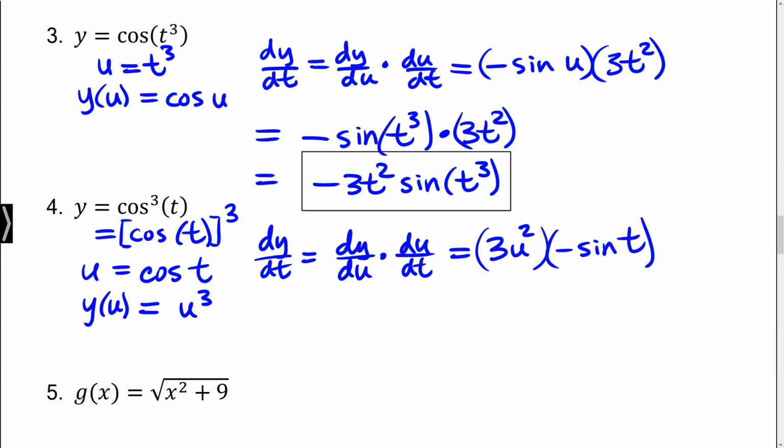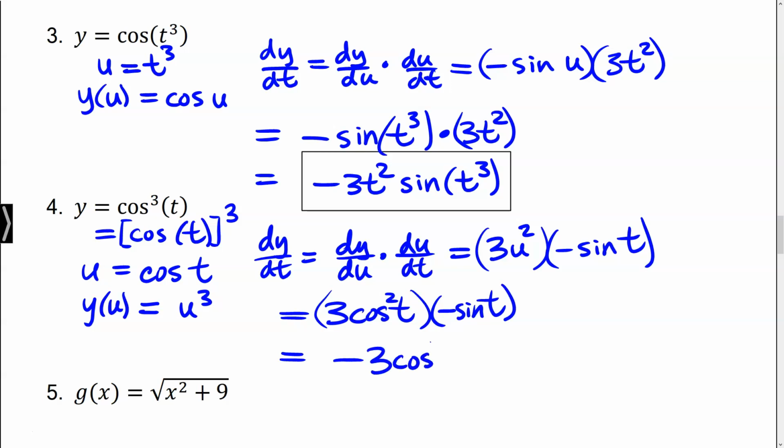We're not going to get the same derivative at all. u is cosine, so 3 cosine squared times minus sine. So altogether here we get minus 3 cosine squared t sine t.